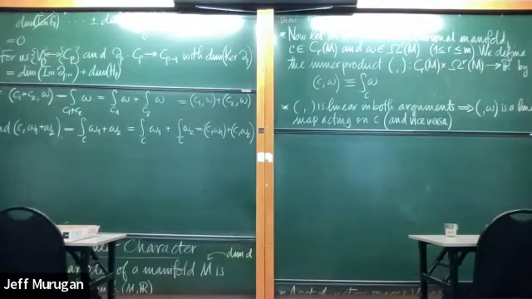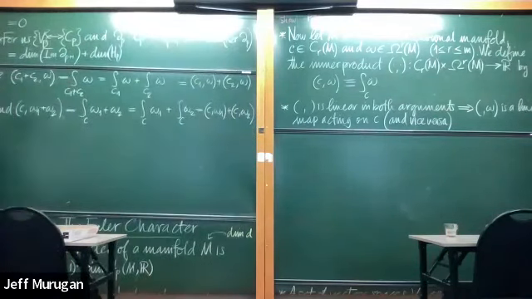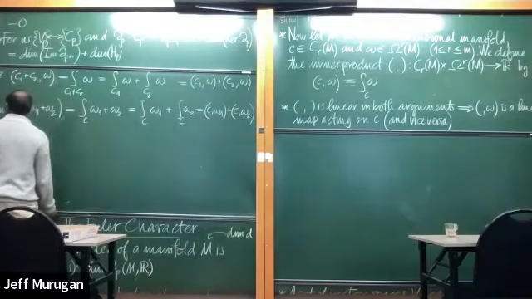And the neat thing is, in this language of the inner product, Stokes' theorem, which was already a hell of a compact statement by our differential geometry standard, can be put into an even more compact form.